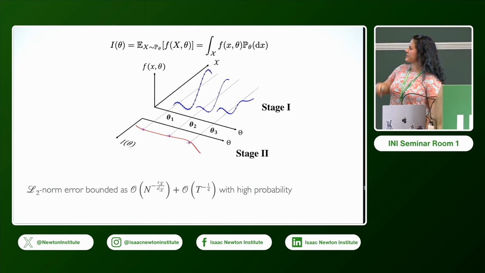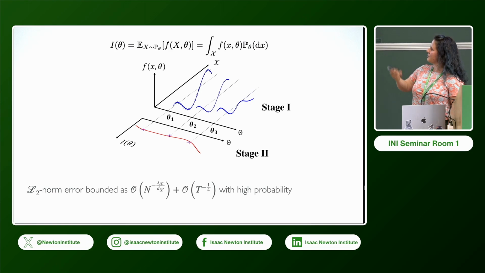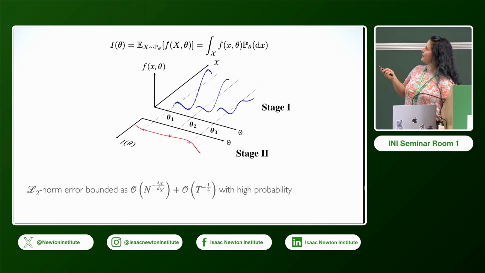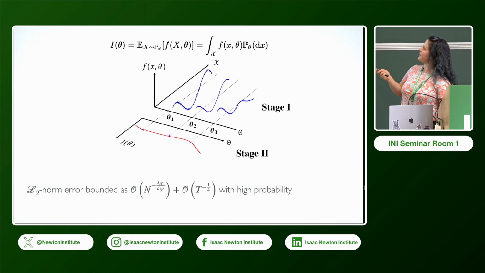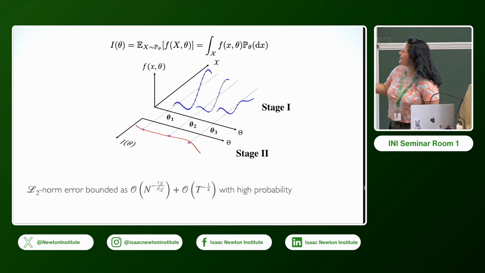We get convergence results that come from the TQ theory, where the L2 norm of the error between the true I of theta and the proposed conditional Bayesian quadrature estimate is bounded by this term, which is the smoothness of... If you're missing the -1/2 term, that's because I slightly changed what the term smoothness meant here.